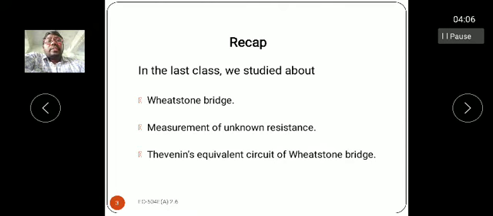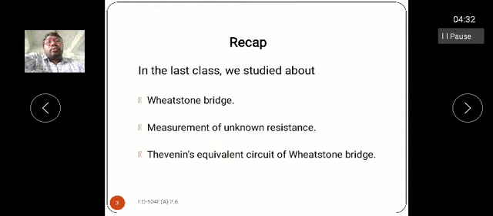First we measure the Thevenin's voltage, second we measure the total equivalent resistance. These two are connected in series. Then the load is connected to the circuit, forming one series circuit: the Thevenin's equivalent voltage in series with the Thevenin's equivalent resistance and the load terminal.